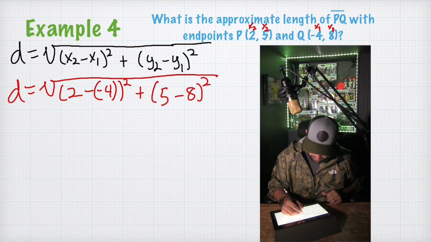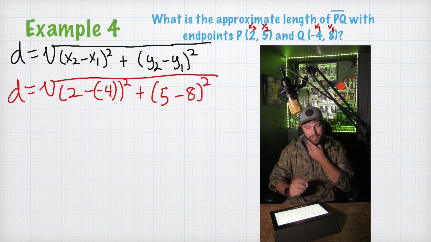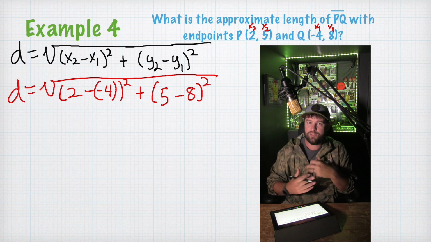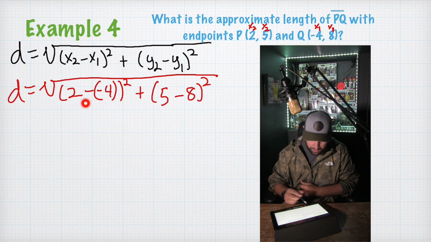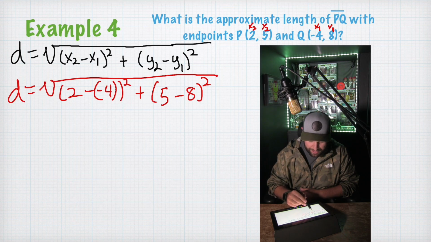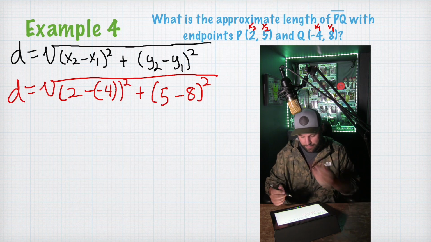minus 8 squared. Okay, a quick side note. I know we love just punching full equations into our calculator, but we really have to be careful and make sure we use an appropriate amount of parentheses if we're doing that. So here we have a parenthesis, and then here we have another parenthesis containing our negative 4, and then we have to close off this whole equation with this last parenthesis to square it.